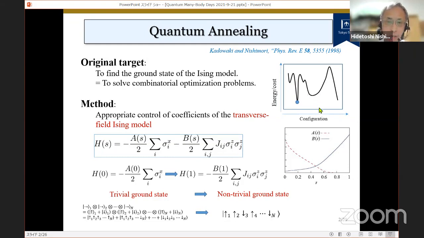And if the interaction of the Ising model is very complicated, then this energy landscape is also complicated. So to find, typically in the spin-glass problem, the ground state, the lowest energy state in this complicated energy landscape, is a difficult problem. It is an NP-hard problem in the language of computer science.